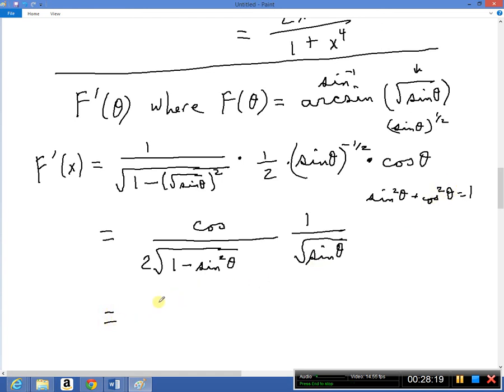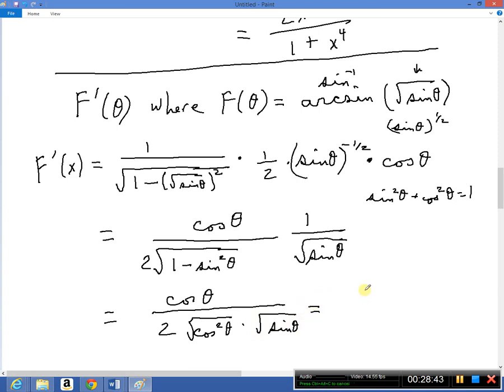So this is cosine theta, I lost the theta there, divided by 2 times the square root of 1 minus sine squared, which is exactly cosine squared, times the square root of sine theta. So this actually is simplifying really nicely. This simplifies down to cosine theta divided by 2 square root of sine theta.